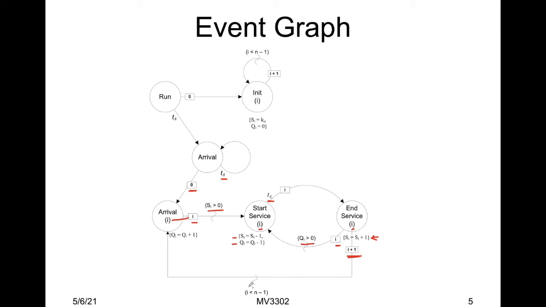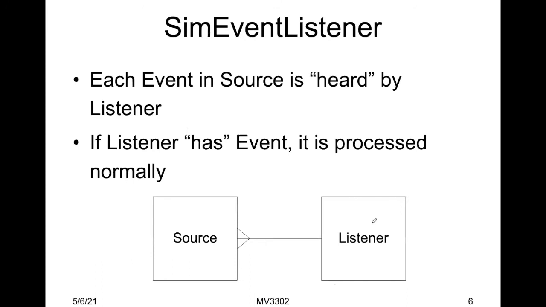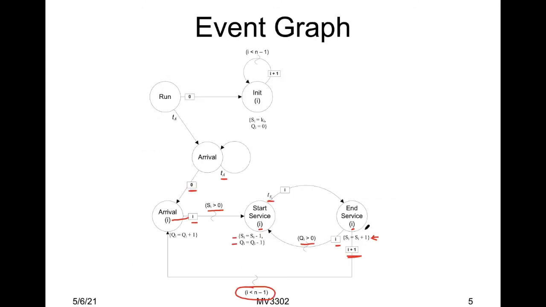Now, it'll only do that if I is less than n-1. In other words, if I had 5 stations, n-1 is 4, so end service at station 4, with index 4, 4 is not less than 4, and so it won't happen. Okay, do you see that?